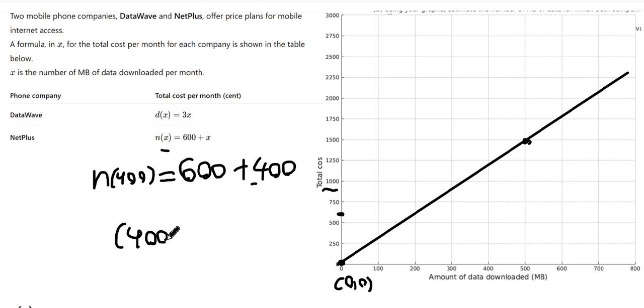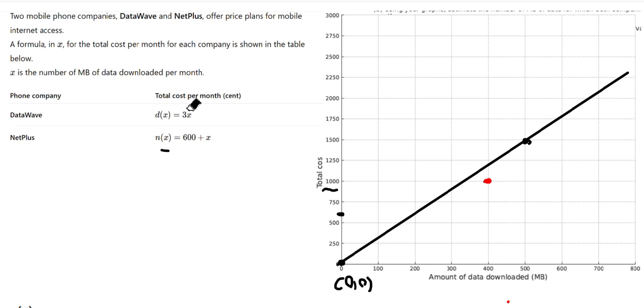So that'll be the point (400, 1000), which I'll do in a slightly different color. I'll do red. There it is. Okay, we got one red point, and the other red point is about (0, 600), about here.